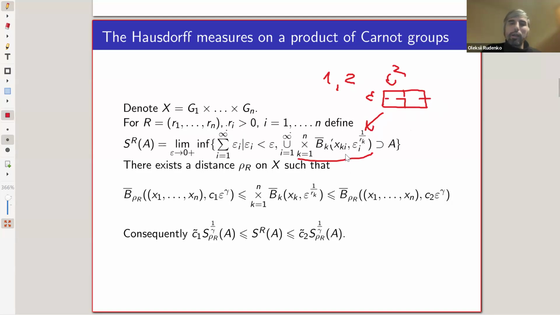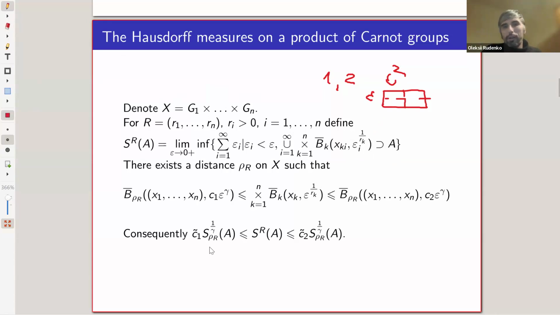So for this type of situation, when we have different processes potentially with different properties, I need to take not necessarily standard boxes, but some skewed boxes of this sort, and consider the corresponding spherical Hausdorff measure.